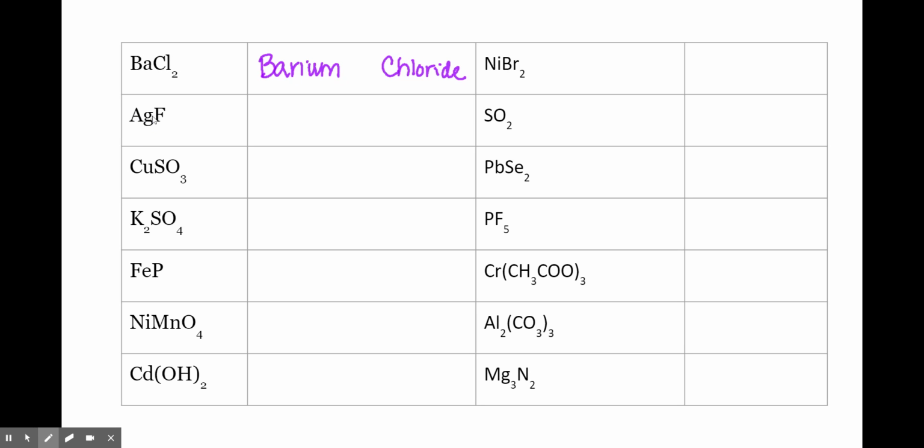Next we have AgF. If you notice, this Ag is in the middle on the D block, so we know it's a transition metal. So we know our written out compound is going to have parentheses with the charge. So we need to figure out what the charge is. Cross them up.